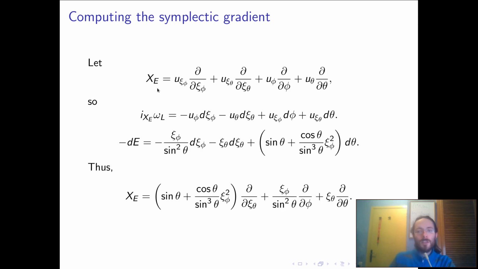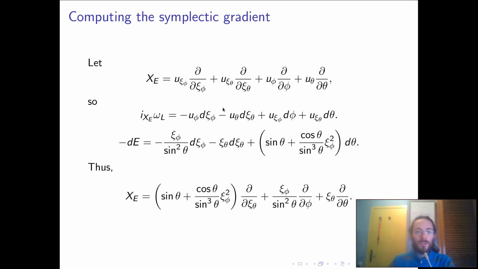So in order to compute the symplectic gradient, what I usually do is to first write a generic expression for how the symplectic gradient should look like. So we have this u sub t sub phi, u sub t sub theta, u sub phi, u sub theta, and I plug this generic expression inside of the symplectic structure, the Liouville symplectic form that I already gave you before.